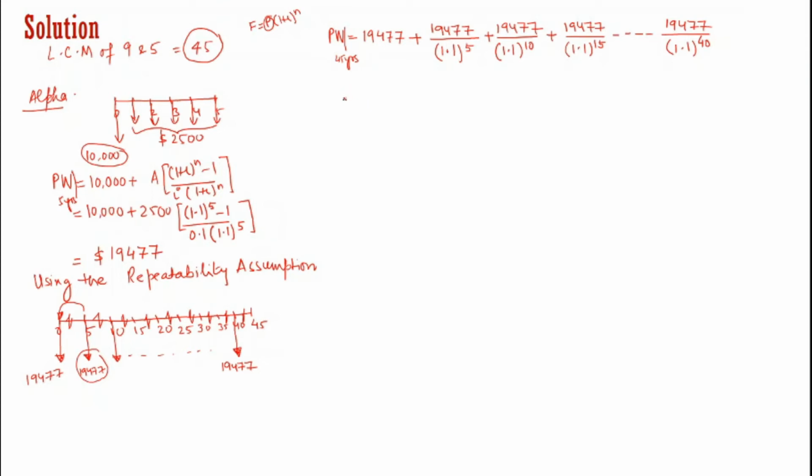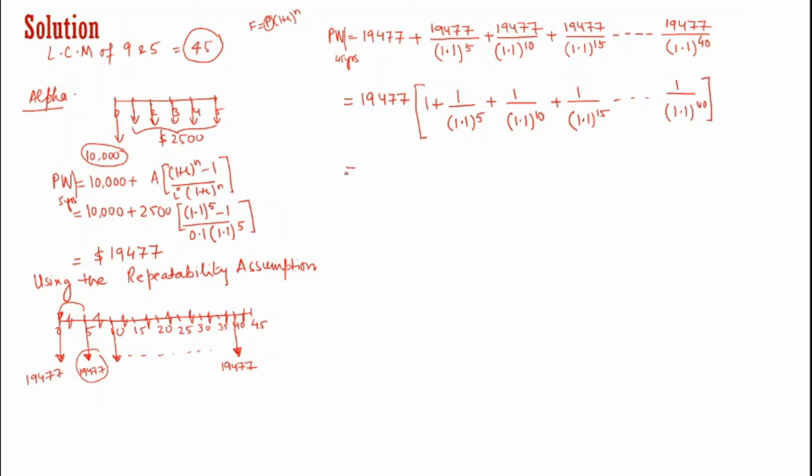If I just simplify it a bit, 19477 will be multiplied by 1 plus 1 over 1.1 to the power 5 plus 1 over 1.1 to the power 10 plus 1 over 1.1 to the power 15, and the last will be 1 over 1.1 to the power 40.